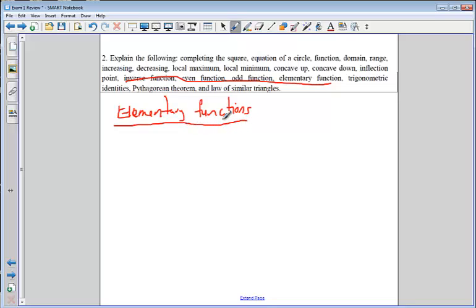It basically says most of the functions that we work with, or you have worked with up to now, are built out of some very basic functions. One, you have what are called the power functions. Two, you have what are called the exponential functions.